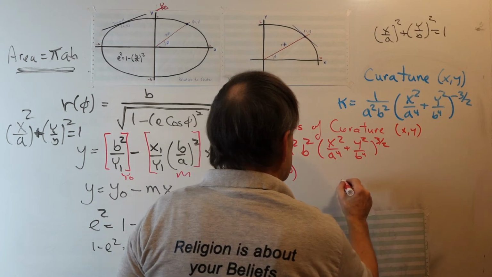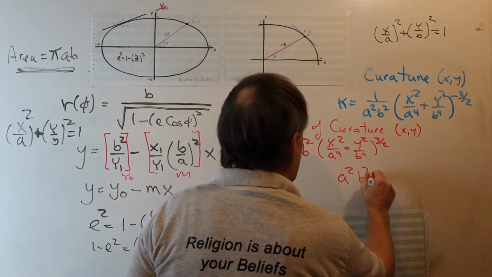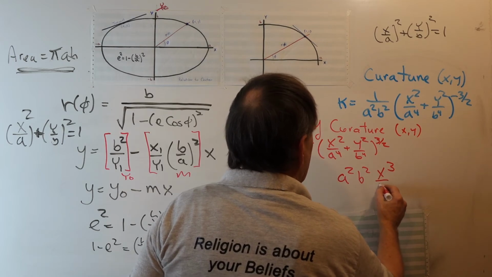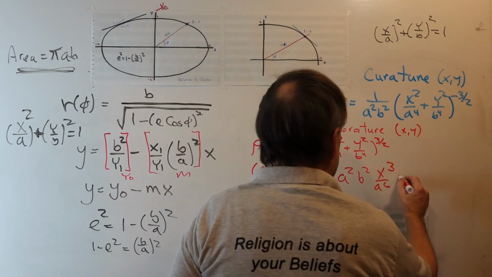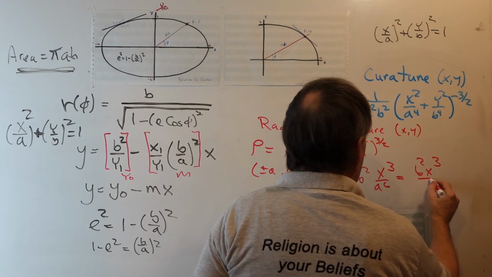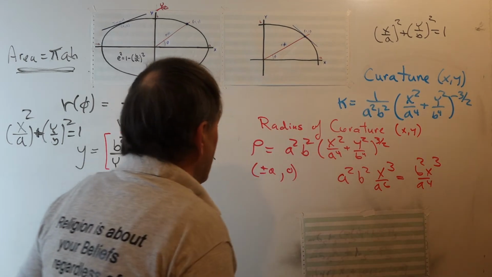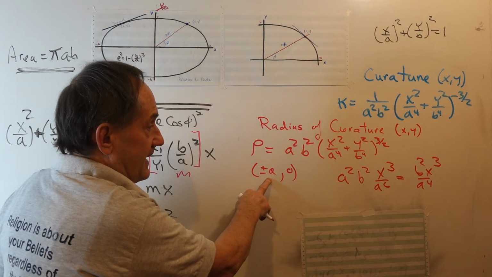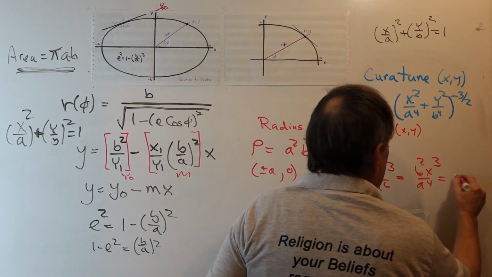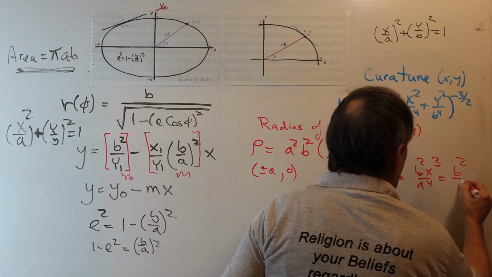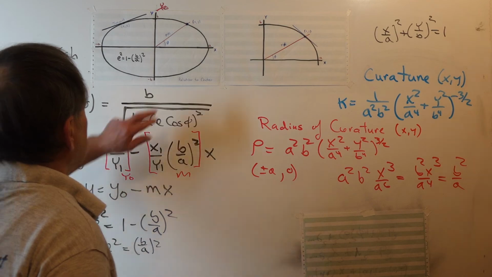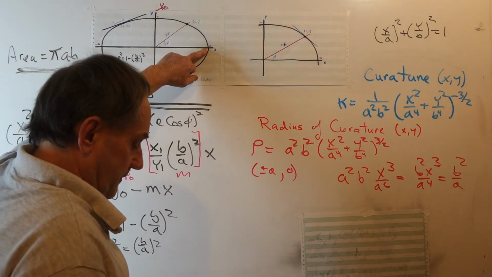So this becomes a squared b squared x to the 3rd over a to the 6th, or b squared x cubed over a to the 4th power. Well, x is equal to a at this point, so we have a cubed over a to the 4th, so this becomes b squared over a. So that's the radius of curvature at the equator.